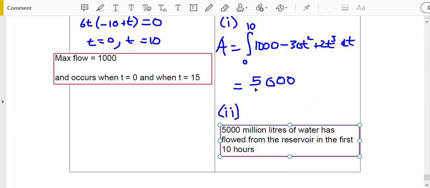Our area was 5,000, so 5,000 million litres of water has flowed, because it's about the rate of flow from the reservoir in the first 10 hours.